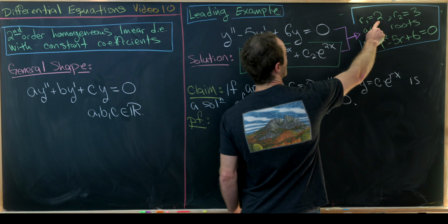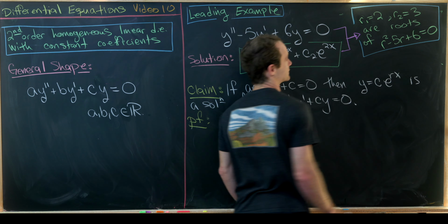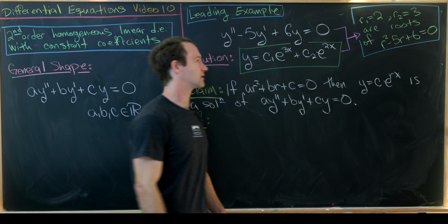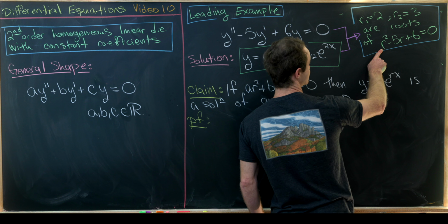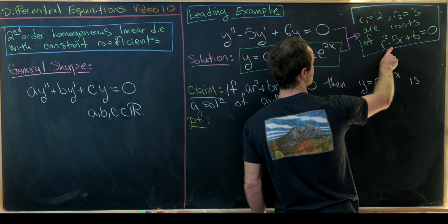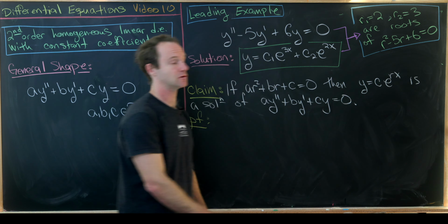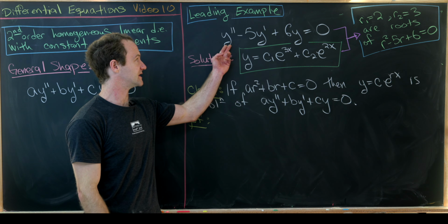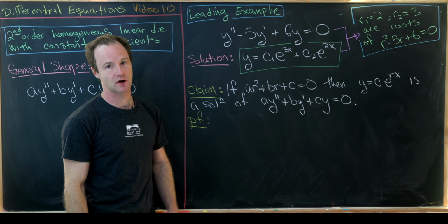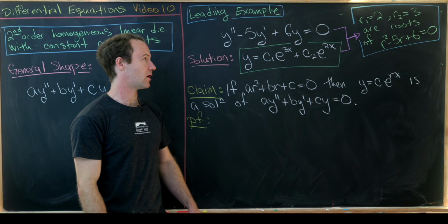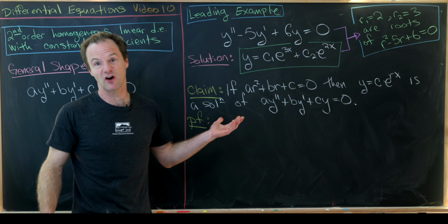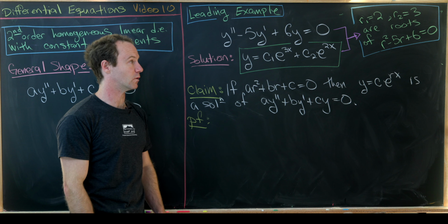So we can put that in terms of this data up here. Notice that r1, which is 2, and r2, which is 3, I'm naming r1 and r2 here, are roots of this associated polynomial r squared minus 5r plus 6 equals 0, where I replaced y double prime essentially with r squared, y prime with r, and y with just maybe r to the 0 or the number 1.